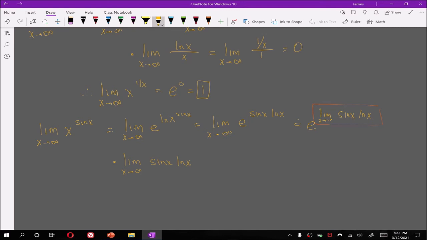This limit is still undefined. But we can write it like this. Log of x over the cosecant of x. Now what we find is we have proper form. Using L'Hopital, 1 over x over negative cosecant cotangent.